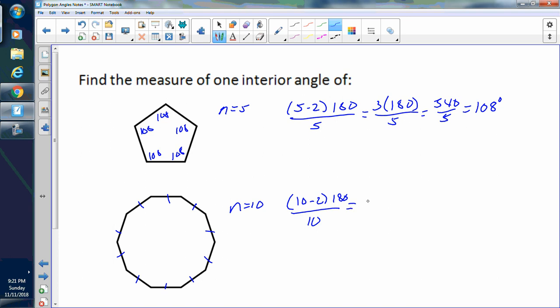So when we carry this out, we're going to have 8 times 180 over 10. Well, 10 divides into 180 18 times. So we need to take 8 times 18. And that turns out to be 144. So each of the 10 angles is 144 degrees in this regular decagon. Has 10 sides, it's called a decagon.